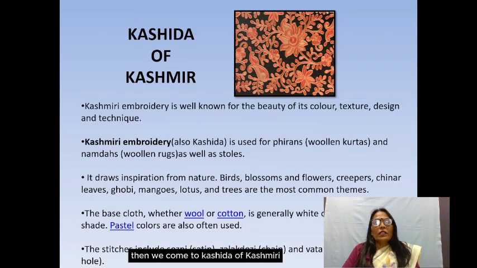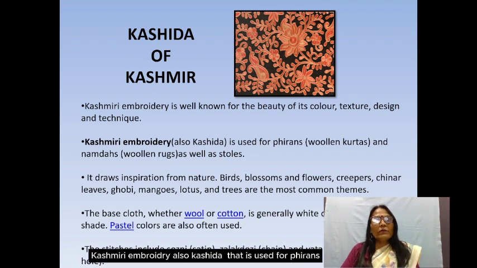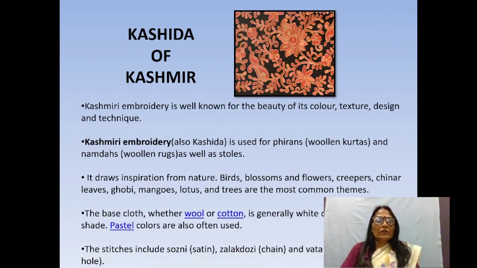Then we come to Kashida of Kashmir. Kashmiri embroidery is well known for the beauty of its color, texture, design, and technique. Kashmiri embroidery, also Kashida, is used for ferans, woolen kurtas, and namdas, woolen rugs, as well as stoles.